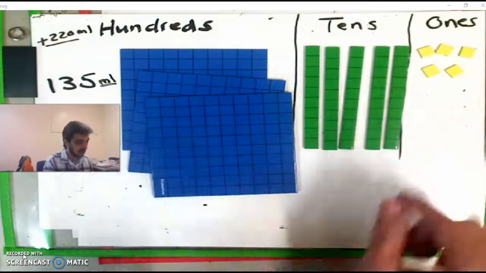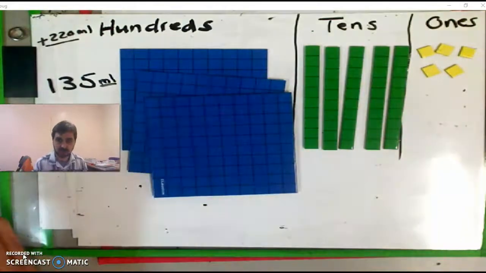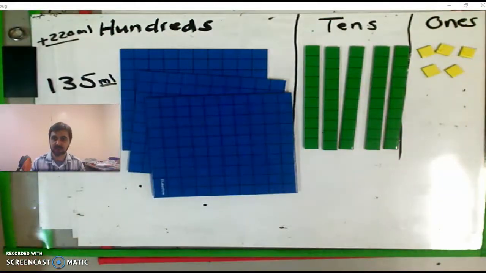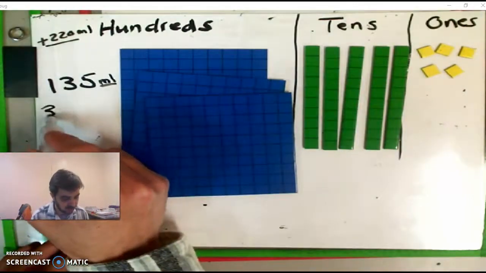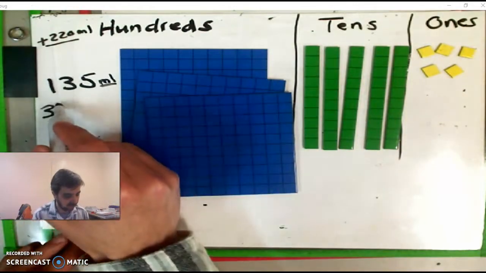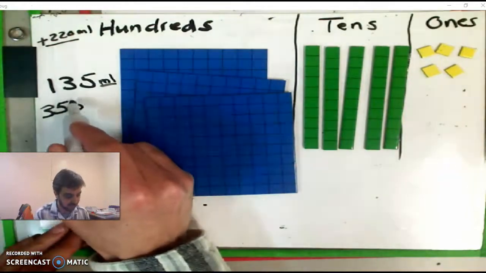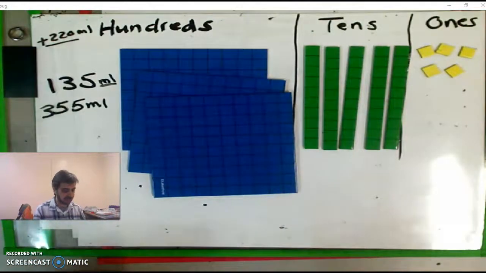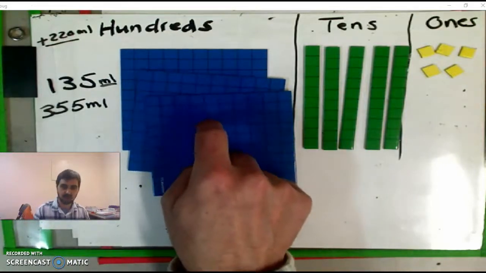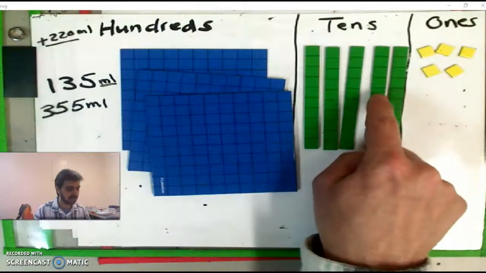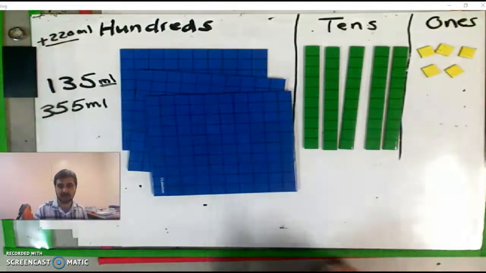Okay, so now I would end up with 300. So then we would end up with 355 milliliters. Okay, because I only added 200 to the hundreds place and 2 tens to the tens place because I have 220. There's no ones to add.